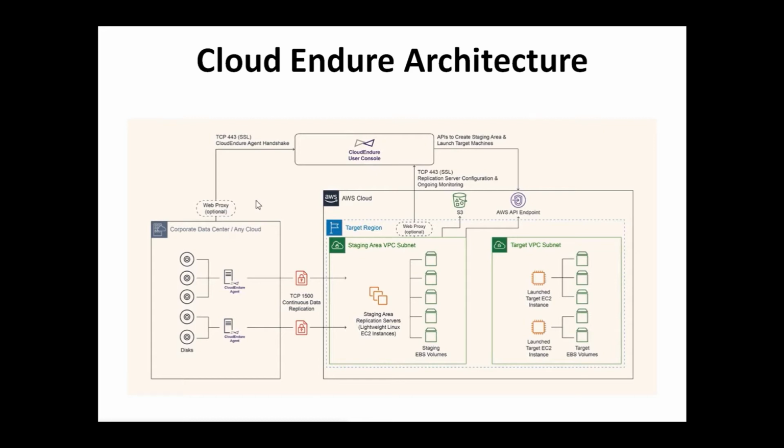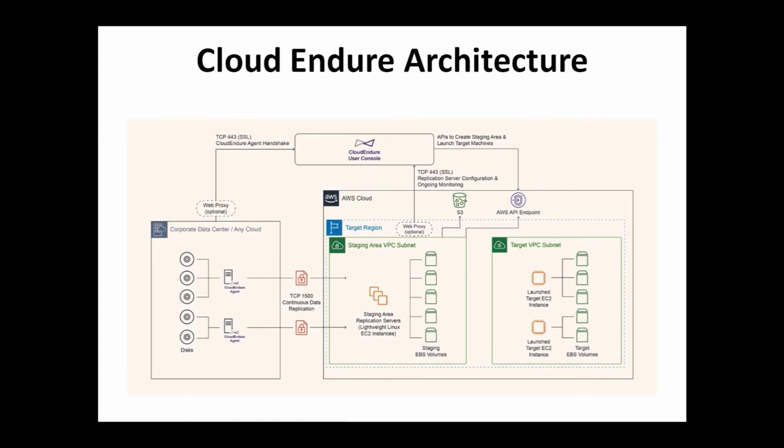The CloudEndure agent sends data to the replication server through port 1500, and the connectivity between the staging area and the CloudEndure console is similar to the connectivity between the source machine and the CloudEndure console. As you can see here, TCP port 443 is used, and it can also be redirected through a web proxy.